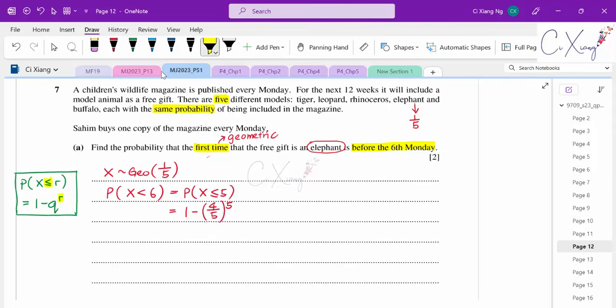So for our example also the same. For our question, I rewrite it as x smaller equals to 5, so that I can apply the power 5 in my calculation.